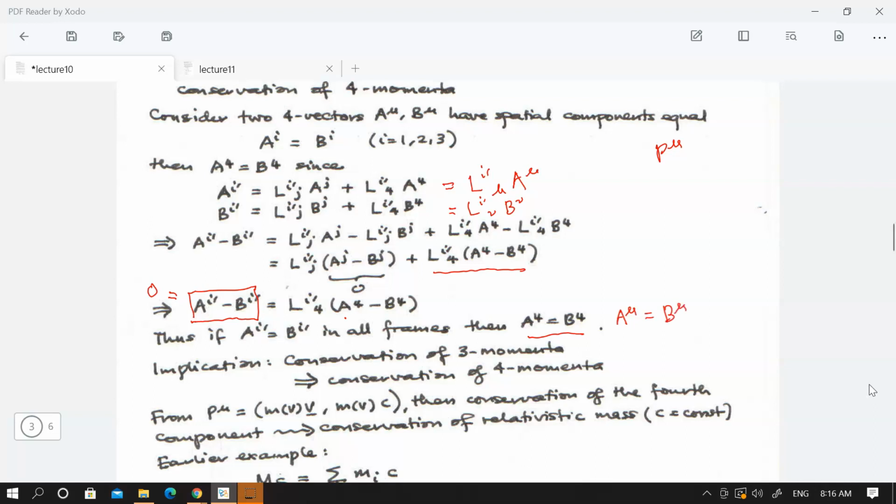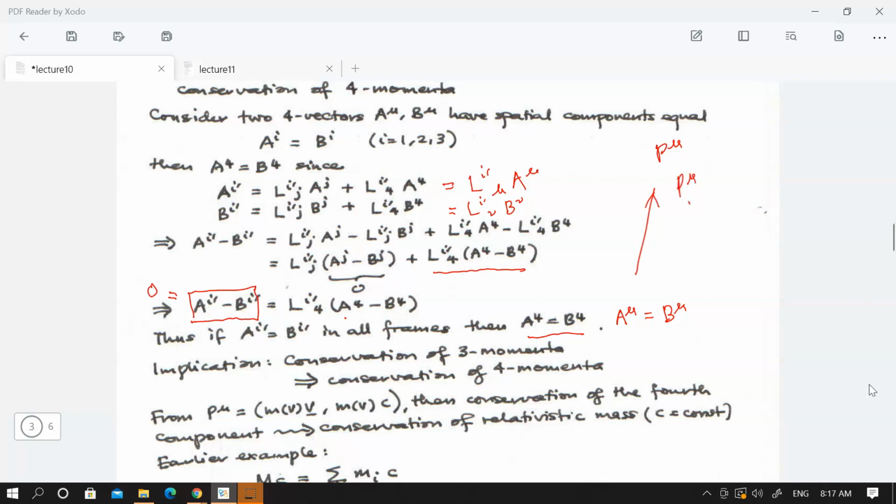The condition here is that if the spatial components, the three-dimensional components of your A and B, are equal in all frames, then that would imply the fourth component must also be equal in all frames.